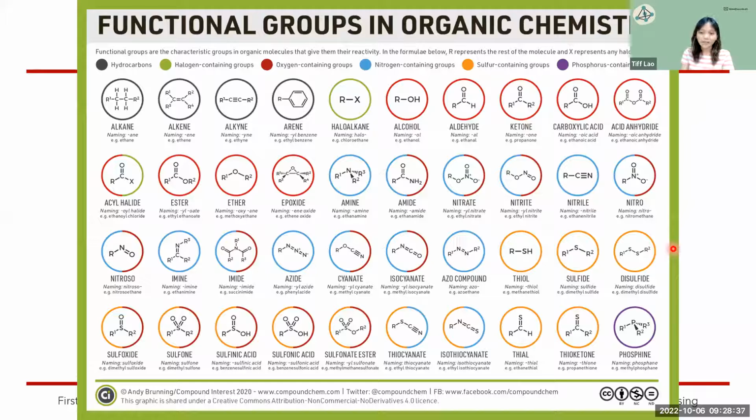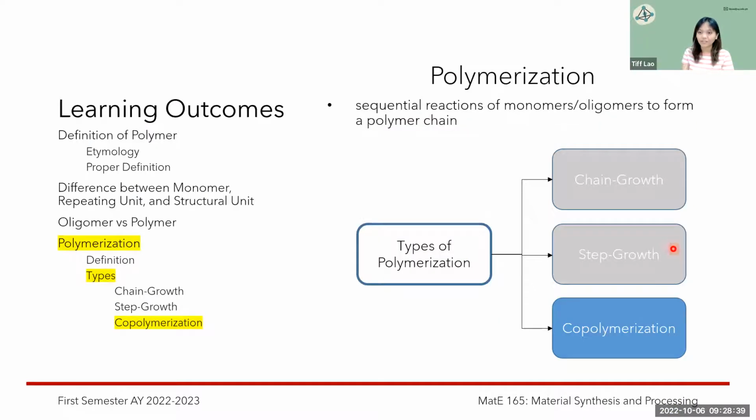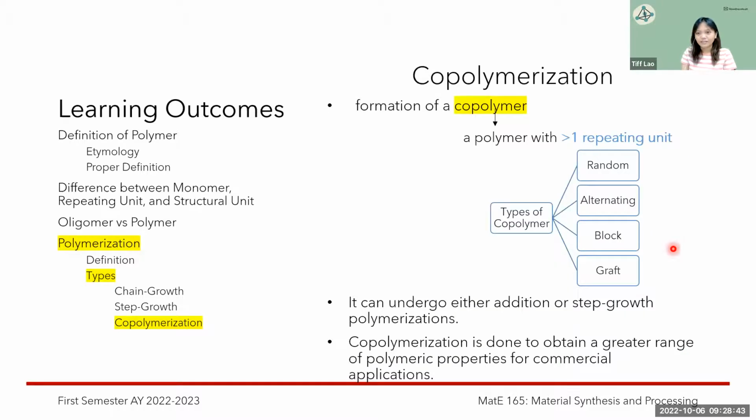Okay. So lastly, we have copolymerization. And copolymerization actually, it's the formation of a copolymer. So when you say copolymer, that's a polymer with more than one type of repeating unit. Tapos there are different types of copolymer depende sa arrangement ng repeating units mo. So yan, pinapakita ko lang sa'yo. I-discuss natin to further sa next lessons.